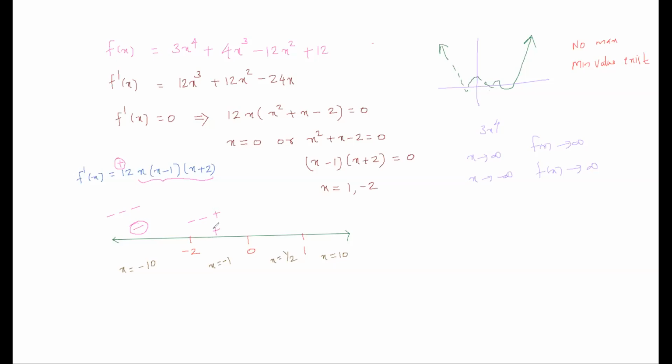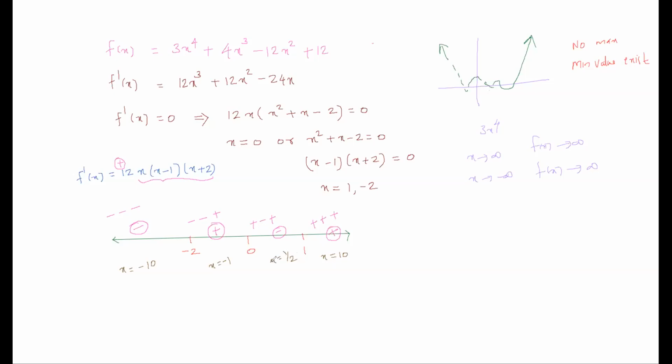So negative into negative into positive, the sign is positive. Then between 0 and 1, x is equal to half: half positive, half minus 1 negative, half plus 2 positive, so it is negative. Then right side of 1, x is 10: x positive, 10 minus 1 positive, 10 plus 2 positive, it is positive.